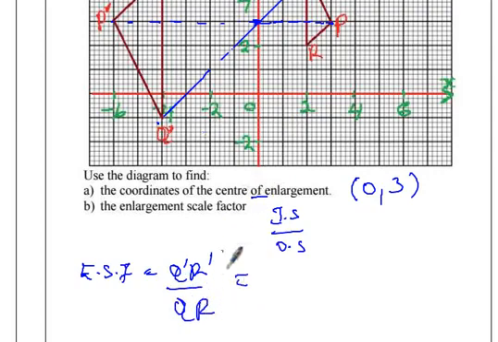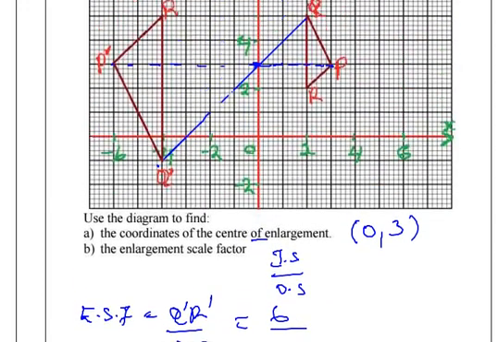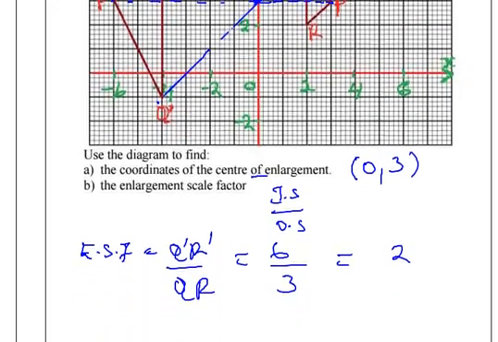From the diagram, Q prime R prime is 6 units, whereas when I look at QR, I can count 1, 2, 3, so 3 units. This gives me a 2.